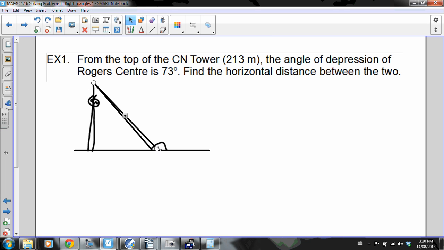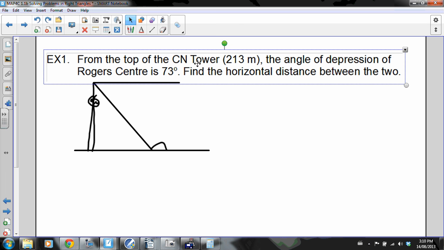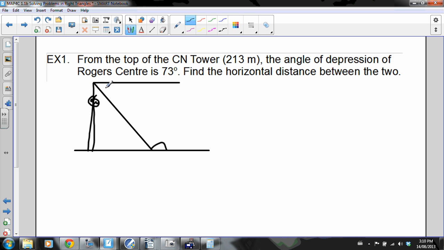Horizontal, that angle there is 73 degrees, right? Now, we said, what's the thing that we want to find? We hope that this CN tower is going straight out of the ground, that it's a 90-degree angle. I think we want to find the horizontal distance between the two. We want to find this, where the height of the CN tower is 213 meters.